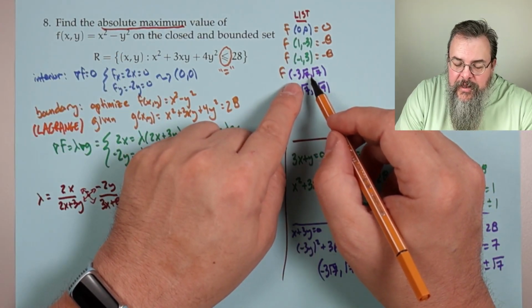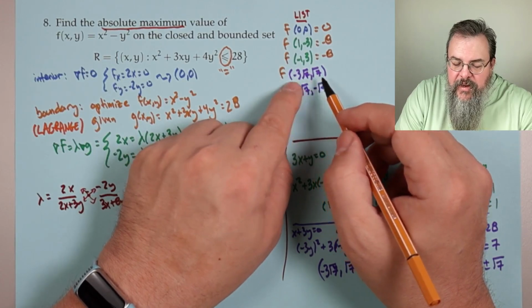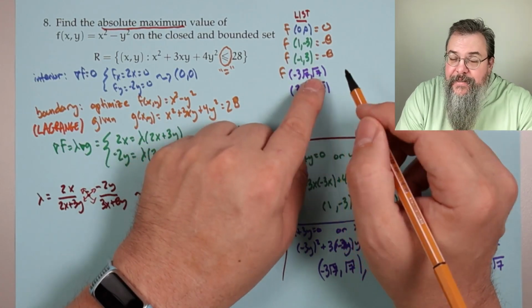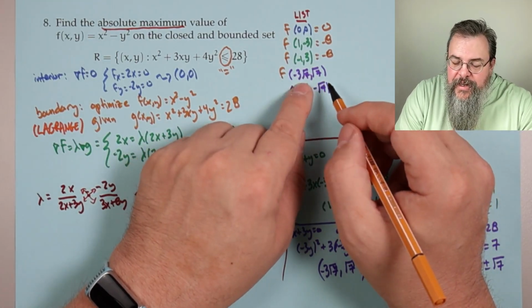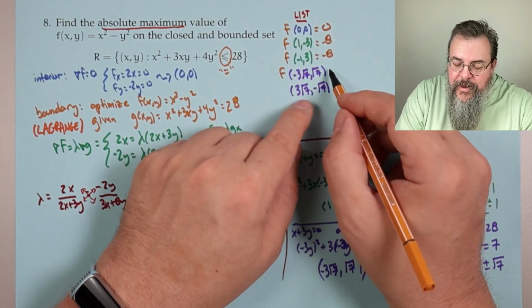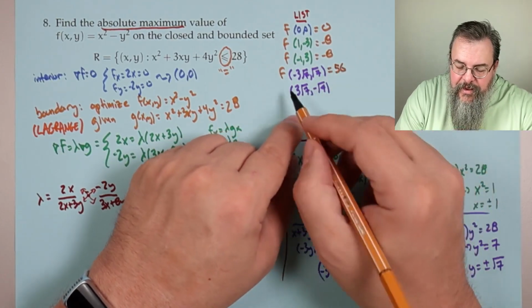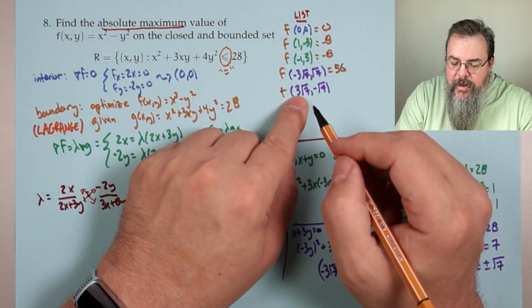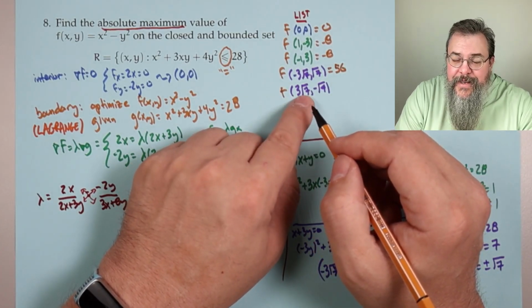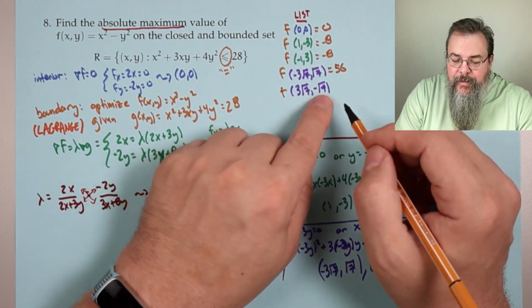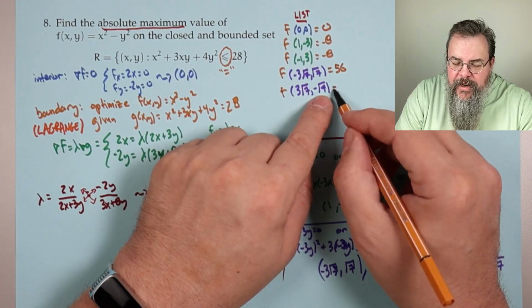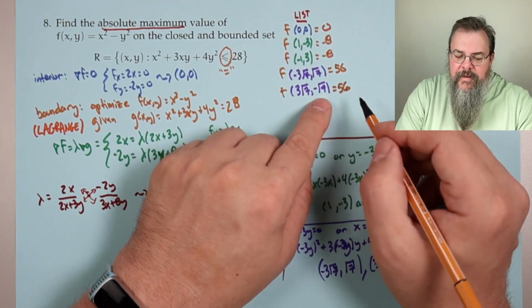So it becomes 9 times 7 is 63, subtract 7. So 63 subtract 7 is 56. Same thing here: 3 squared, square root of 7 squared, 9 times 7, 63. Subtract 7, 56.